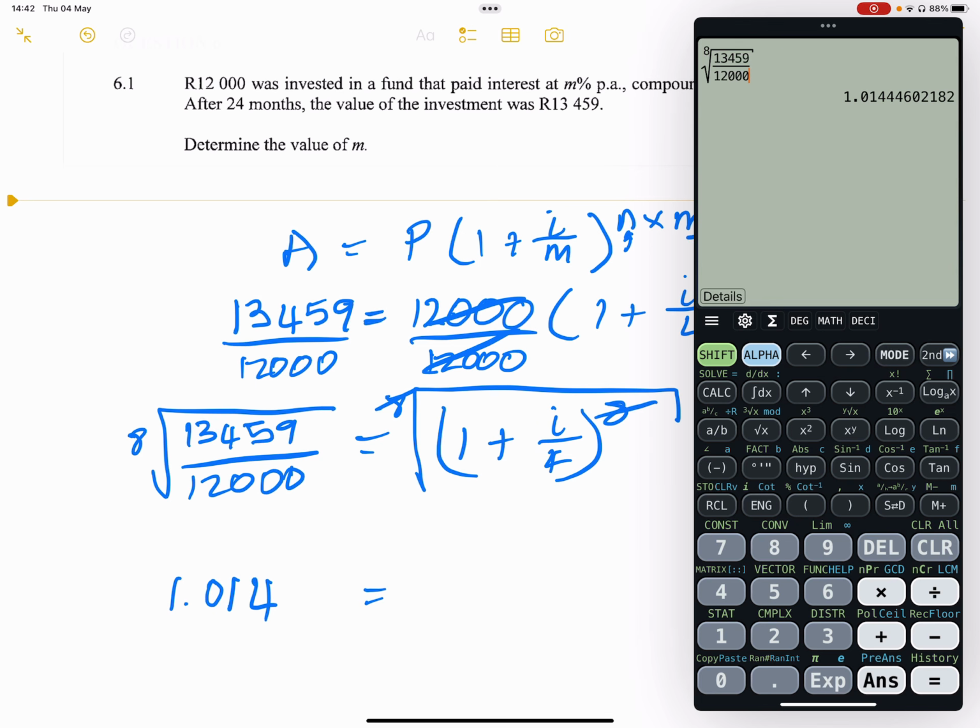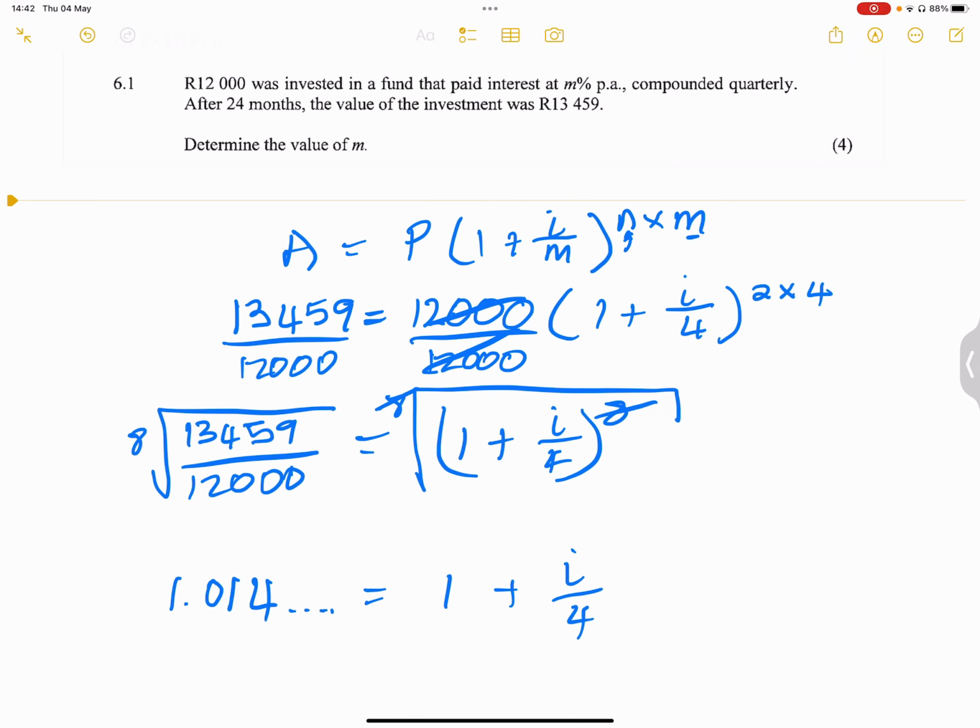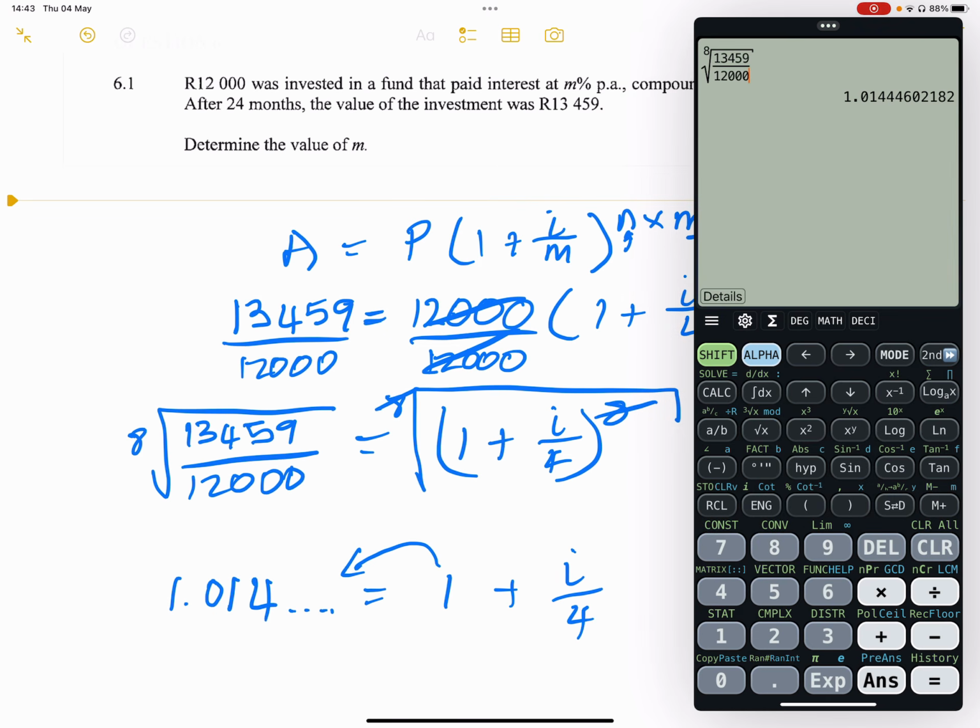Right, so this is going to give us, with all the other values, 1 plus i over 4. So now, take the 1 to the other side. I'm going to subtract 1 from that value.